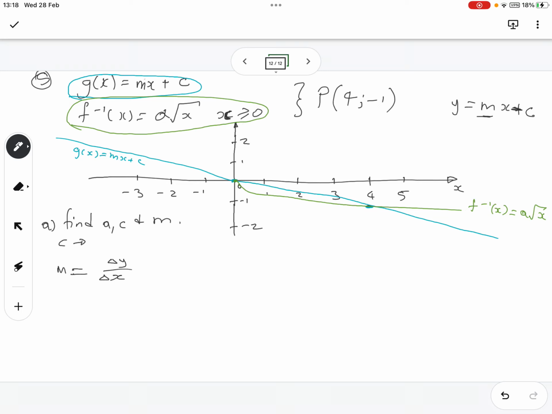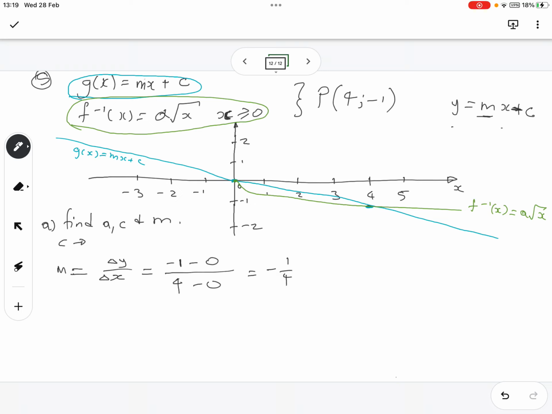Then I can substitute to get c. So y2 is -1 and y1 is 0, and x2 is 4 and x1 is 0.